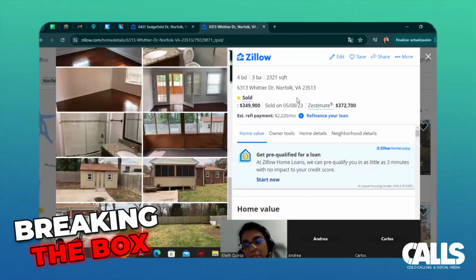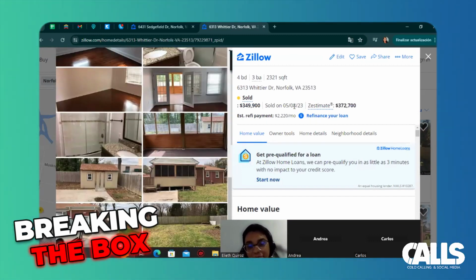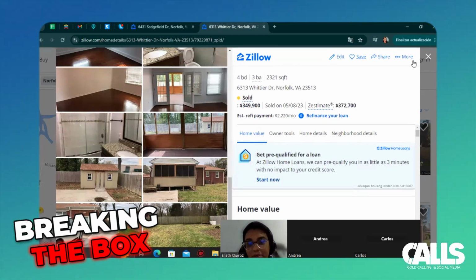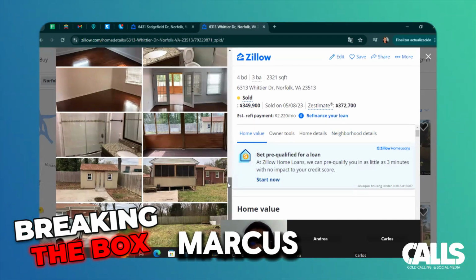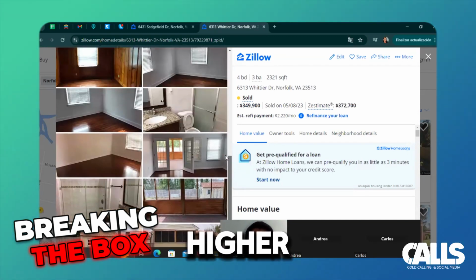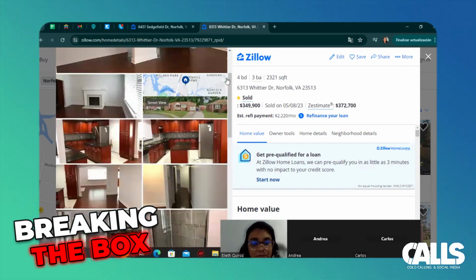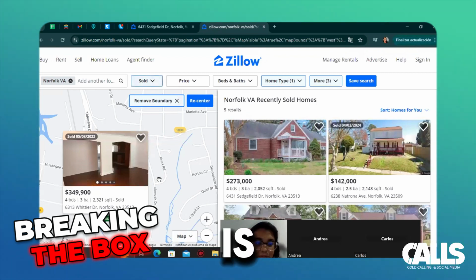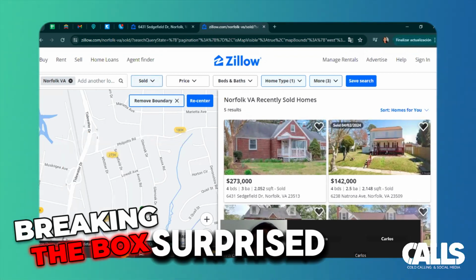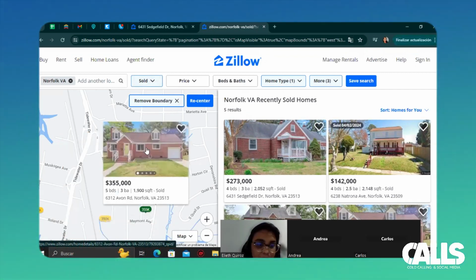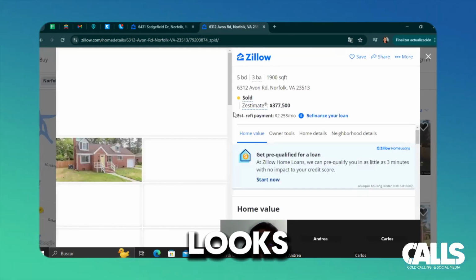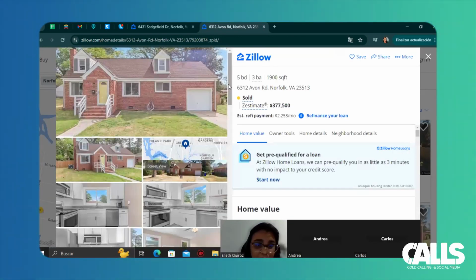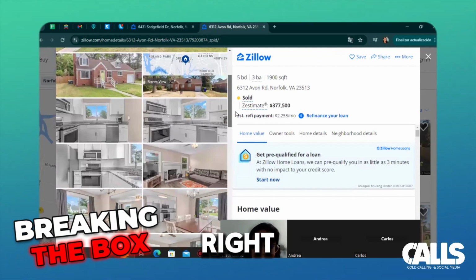So we all know that in 2022, 23, the market was a little bit higher than now. This property needs some changes. This is old. I'm surprised it sold for a high price. You see this one? This looks like our subject property. Looks similar.